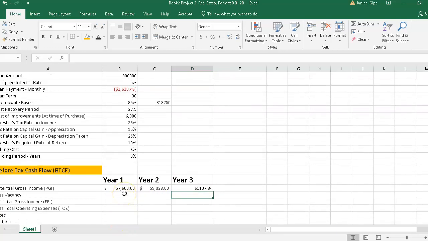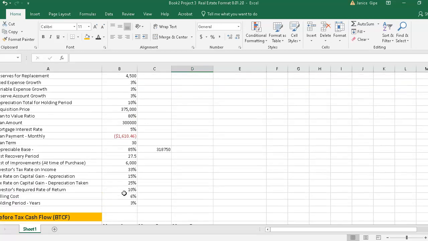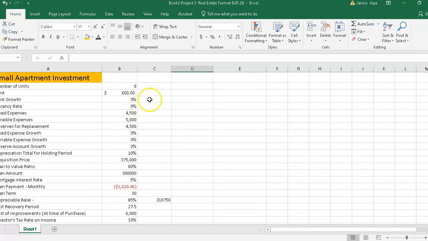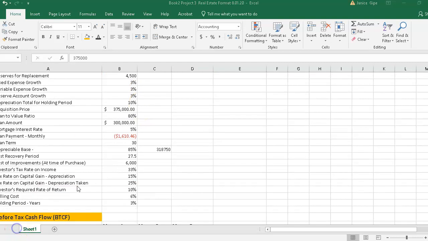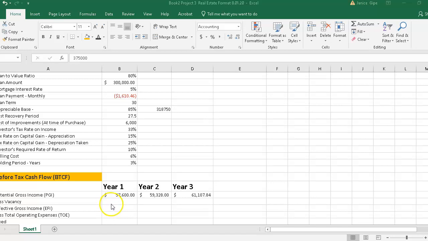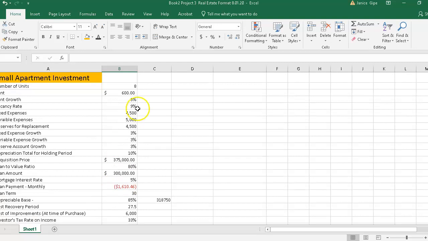And then last, the vacancy. So we have a vacancy rate of 9%. Now we're going to calculate the vacancy losses.